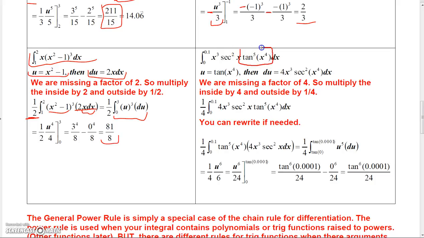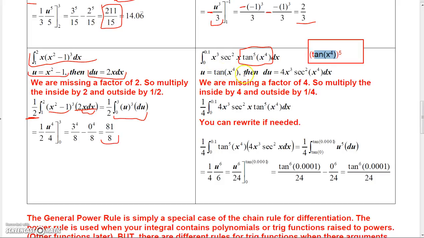look at tangent. See, this is really the tangent of x to the 4th raised to the 5th power. Okay, so another way to write that is tangent of x to the 4th all raised to the 5th power. So really, if I let u be the tangent of x to the 4th, then du would be the derivative of this.